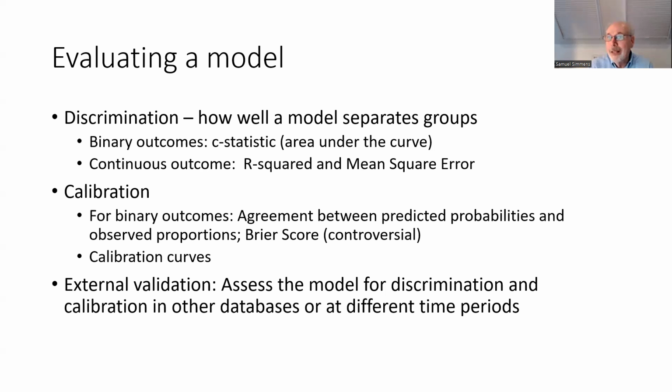So calibration is really very unique to prediction models, and that's where you're looking to see how much agreement there is between the actual absolute predicted values and what you're finding in the data.